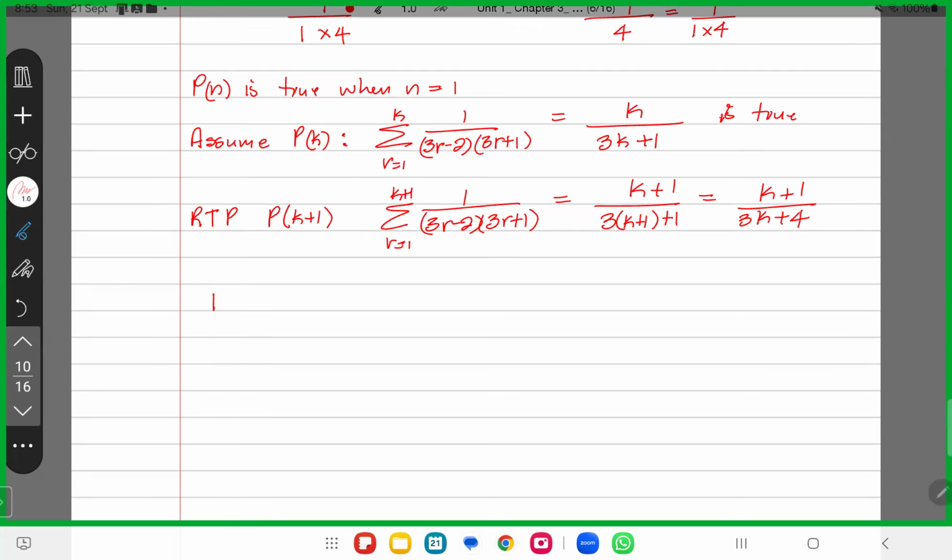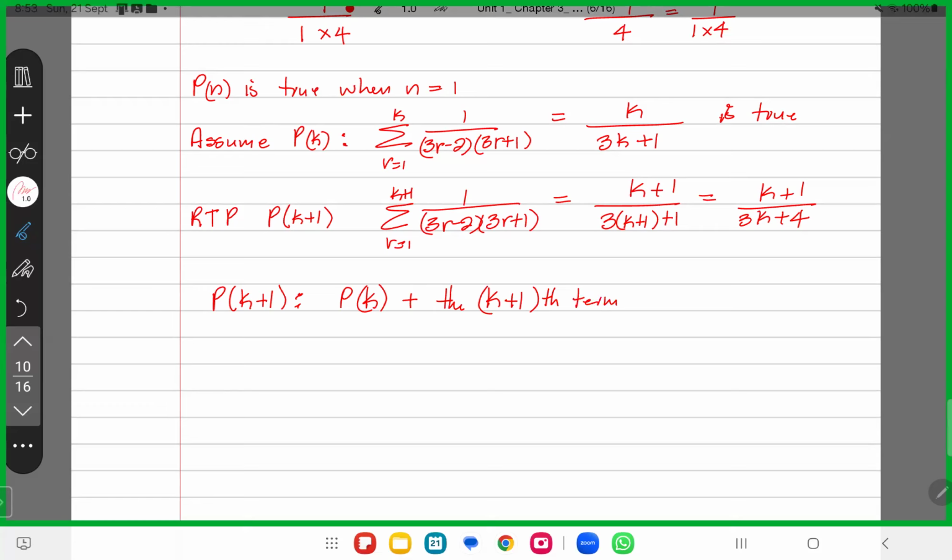So Pk plus 1, which is the sum of this series from r is equal to 1 to r is equal to k plus 1, is actually equal to Pk plus the k plus 1 term.